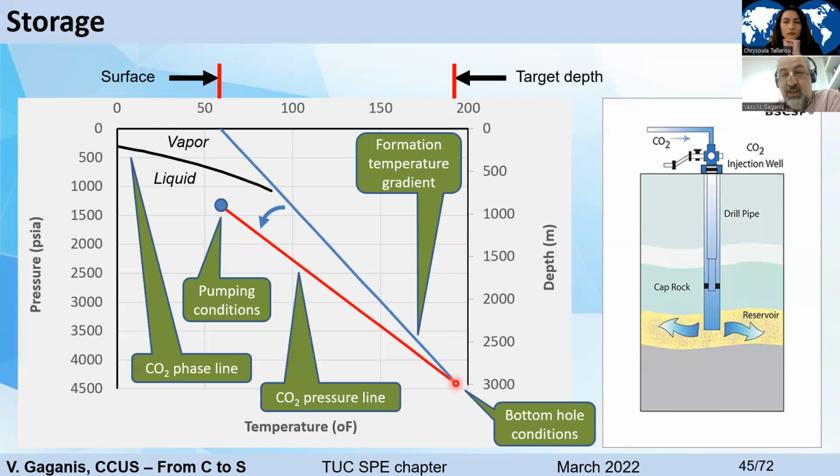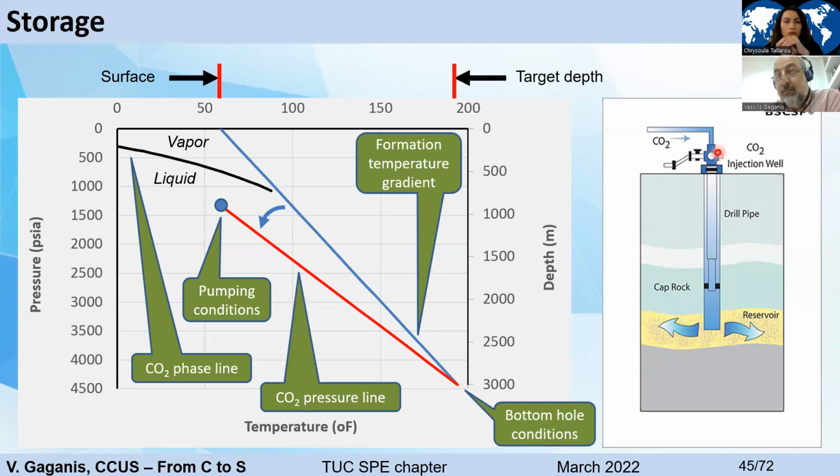And the question is, in order to do that, what should be the pressure at the top? In order to arrive here at the pressure of, how much is that? Close to 4.5 thousand psi, which is the pressure prevailing at the required depth of 3 kilometers, and at the temperature of 180 F, what should be the pressure at the top?